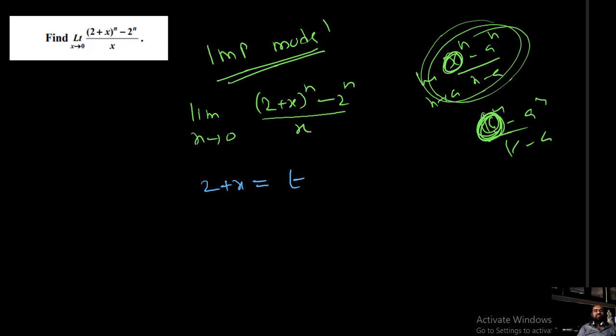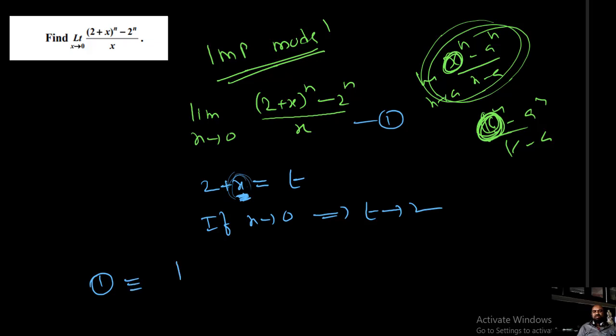Now if x is tending to 0, automatically t is tending to 2 only. Observe, x is tending to 0, 2 plus 0, so t tending to 2. Now I want to change the structure of expression 1.